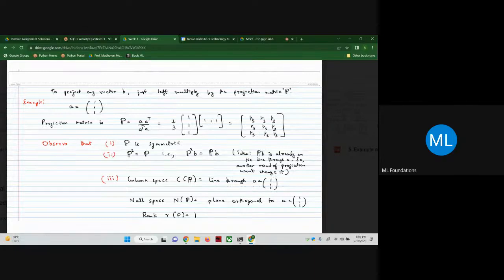You can see here the projection matrix is 1 by 3, 1 by 3, 1 by 3, 1 by 3, 1 by 3, 1 by 3, and the same thing. This is nothing but a single vector, a line through 1, 1, 1.